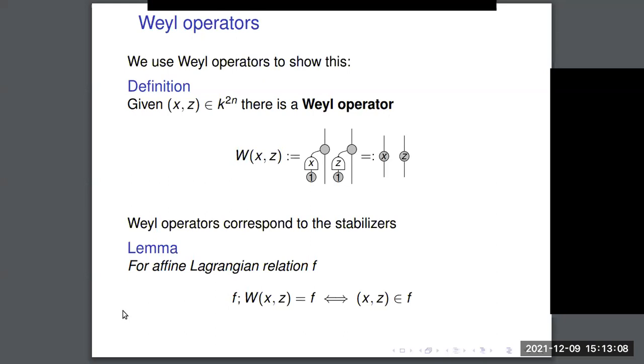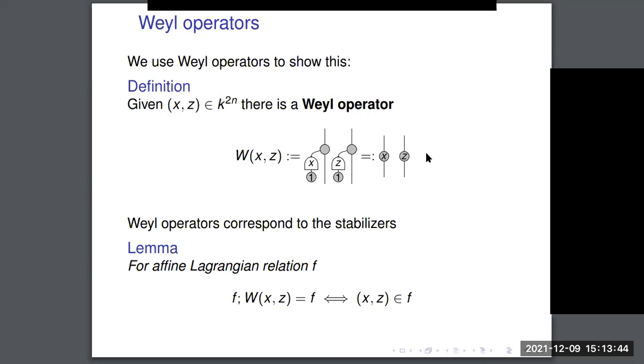Okay. So one thing that you can define in this category of affine Lagrangian relations is something called a Weil operator. If you take an element (x, z) of a symplectic vector space k to the power of 2n, then you can define a Weil operator just by induction, by pretty much adding x and z to the position and momentum.